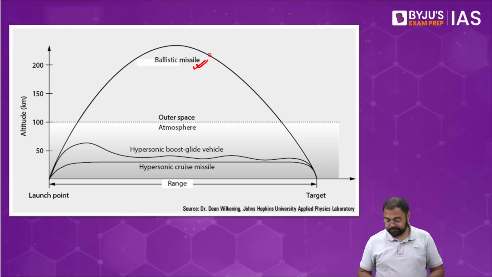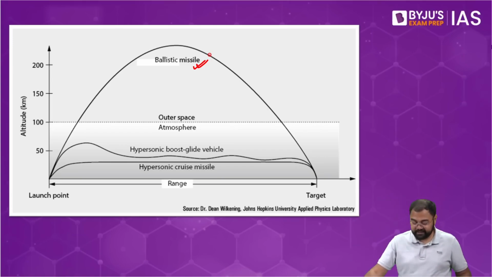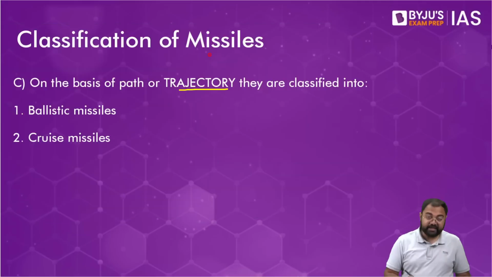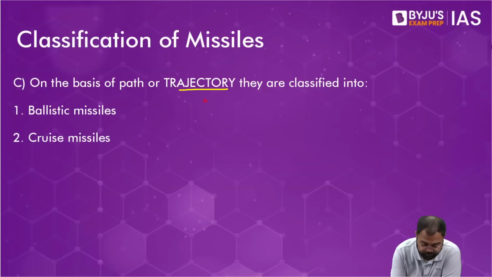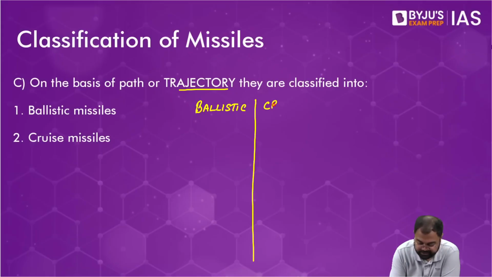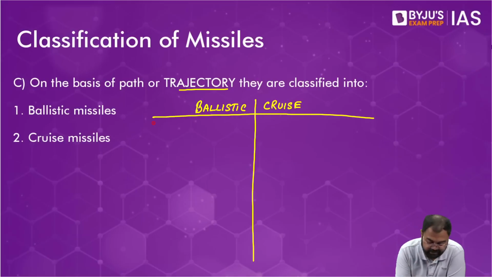So this is how we classify, and this is the most important classification of a missile. On one hand we have ballistic missiles, and on the other hand we have cruise missiles. The first difference is that in the case of ballistic missiles, we know that it takes a parabolic path.